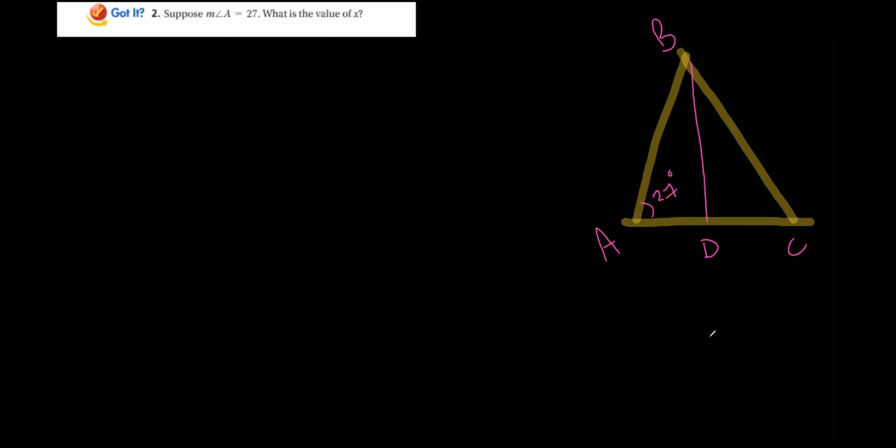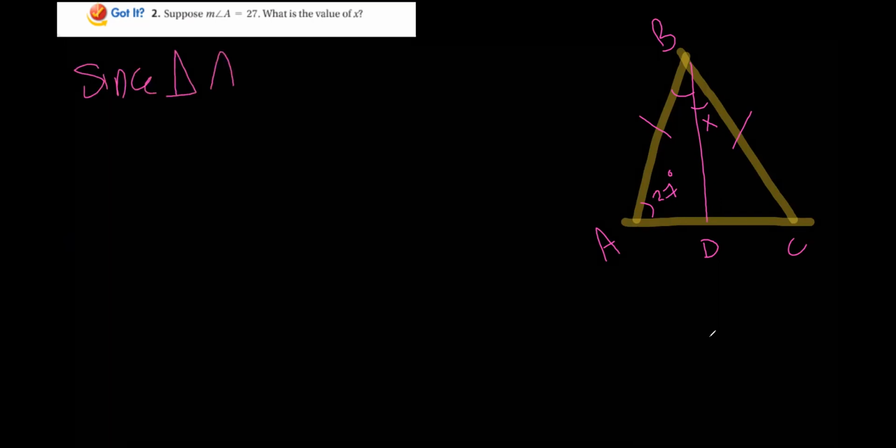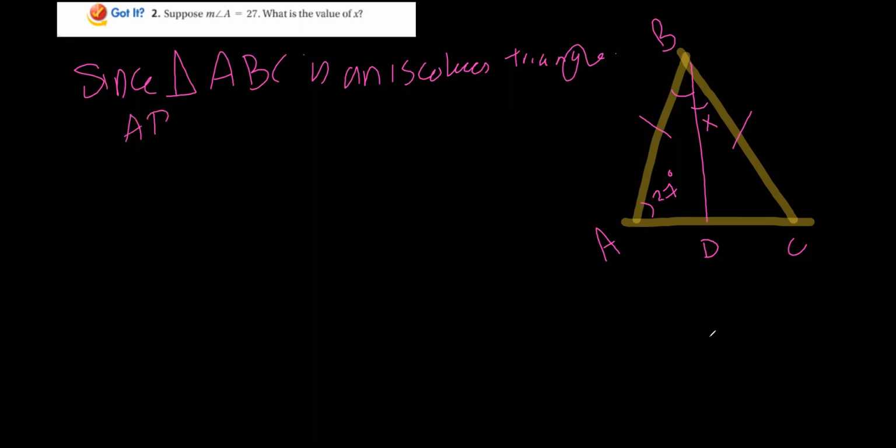So what do I have to do? The first step: since the triangle ABC is an isosceles triangle, I can say that AB is equal or congruent to CB. Since they are congruent, their opposite angles will be congruent too.